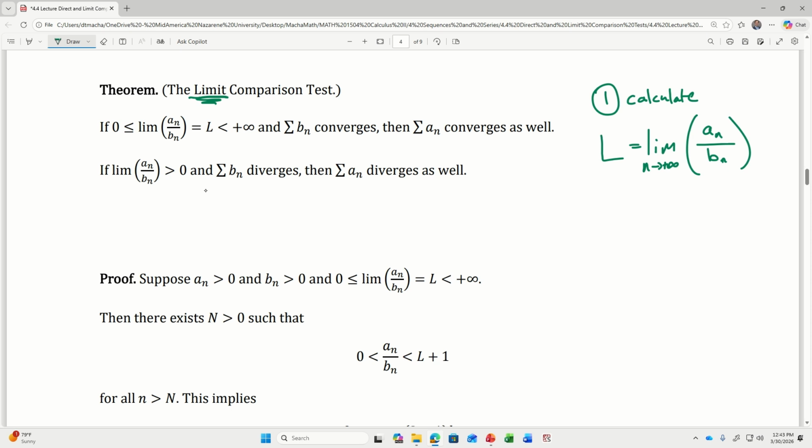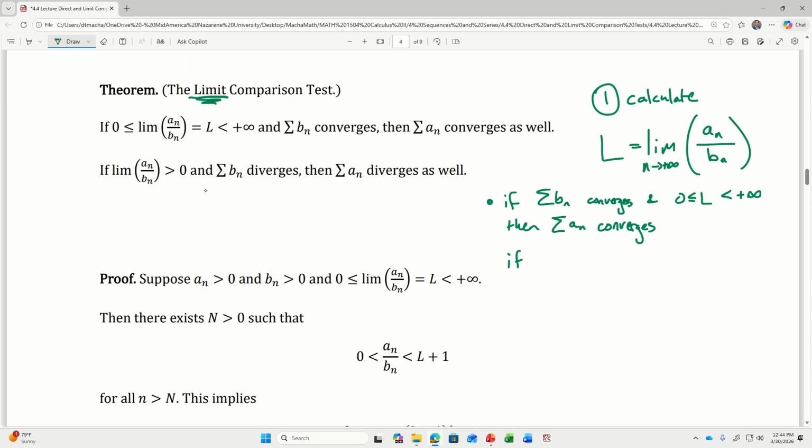And if the series b converges and L is 0, or L is just any old finite real number, then that implies your series a, the one you care about, converges.